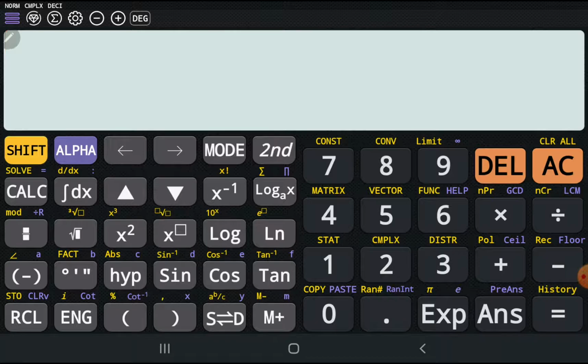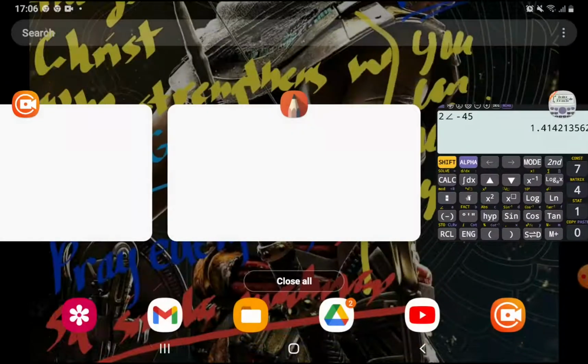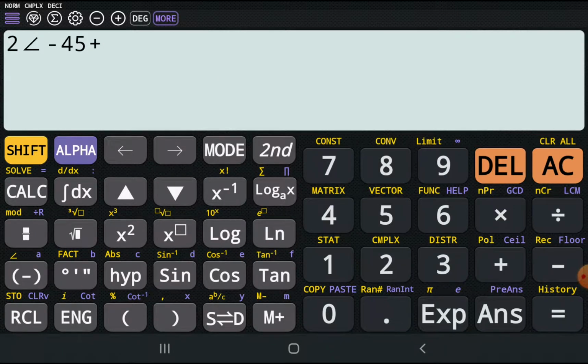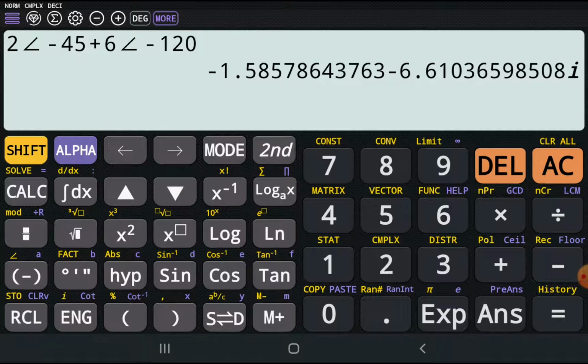AC. So I will input again 2 shift angle of negative 45 degrees plus 6 shift angle of negative 120 degrees. So this is the x and y component.